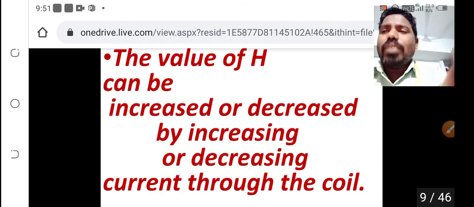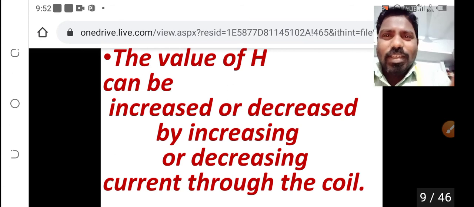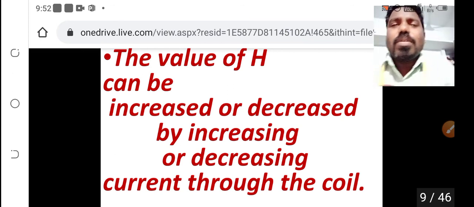The value of H can be increased or decreased by increasing or decreasing the current through the coil. Here we already discussed H equals N I by L. The magnitude of H may increase or decrease, but how?